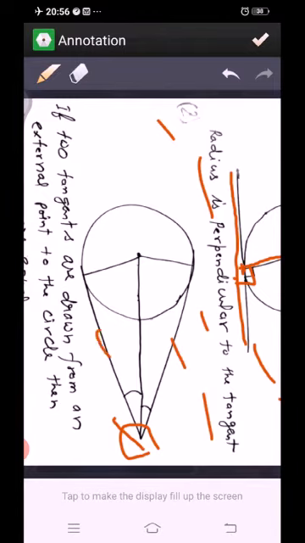In this case again we have joined the center to the touch point like this, so this will be perpendicular here. Then we come to know that both tangents will be equal.